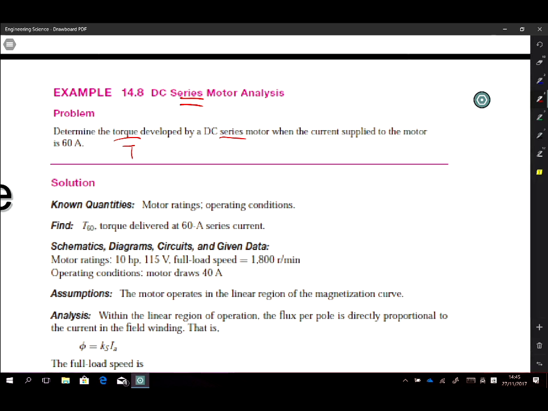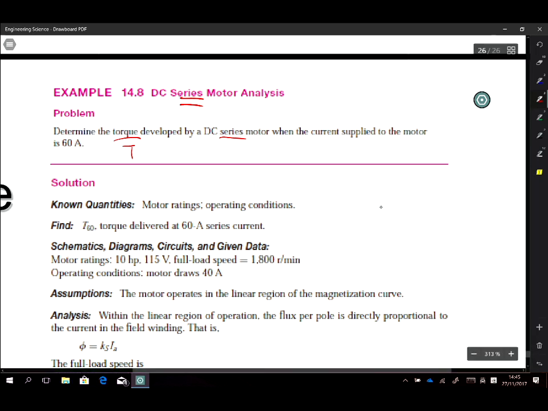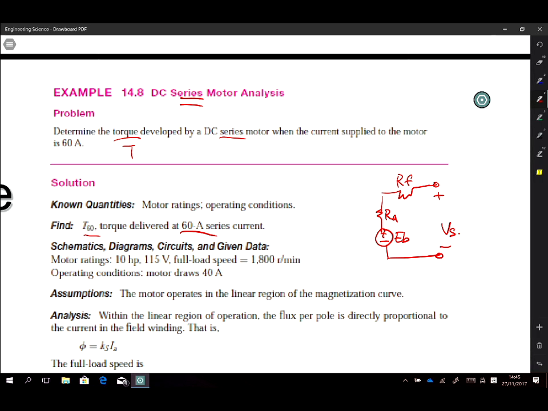Again, before we do anything, we draw the motor. It consists of the field, RF, in series connection with the armature, that is, RA together with the back EMF, EB. And we have the input voltage, Vs. We are going to find the torque at 60 amp, and we give you some parameters for the series motor.